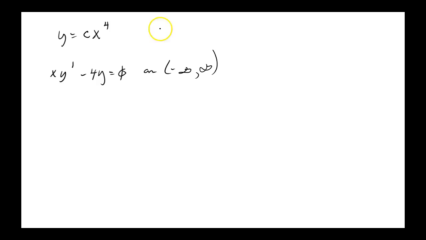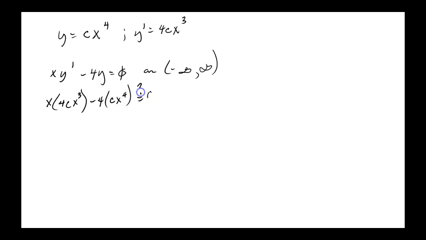So what would we need to do? Take a derivative. So y prime is equal to 4cx to the third. Perfect. So now let's plug it in. X times y prime, which is 4cx cubed, minus 4 times y, which is cx to the fourth.